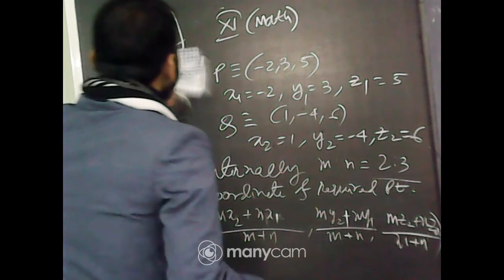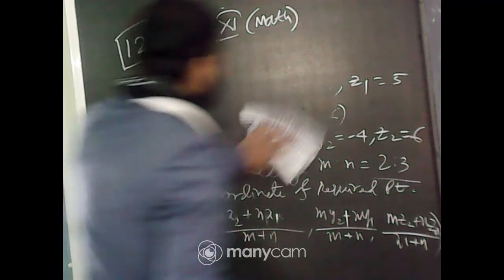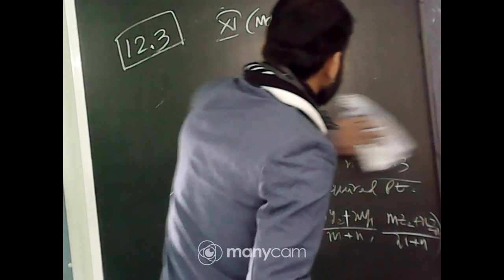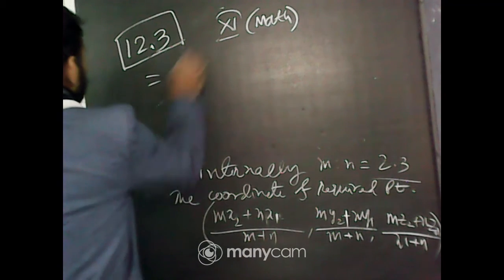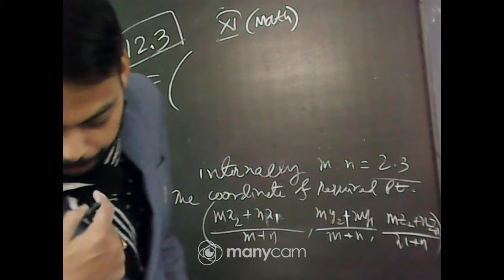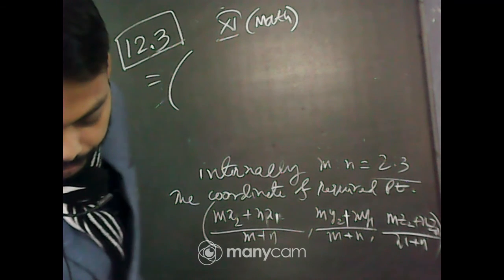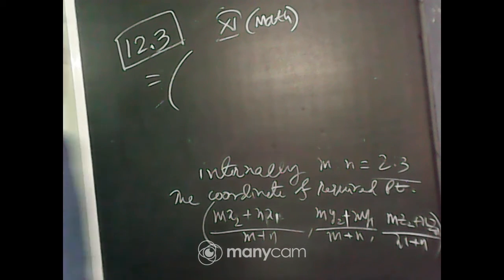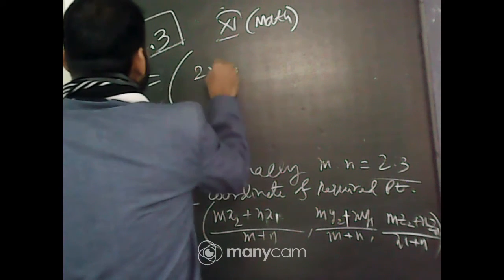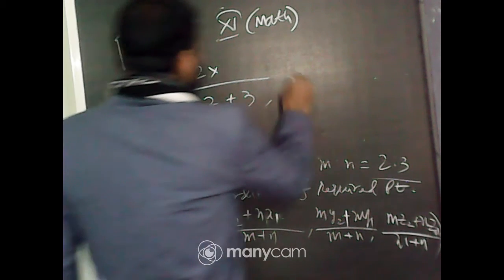I am erasing the upper portion. Put the values here. Instead of m, we'll put here 2. So in the denominator all will be 2 plus 3.